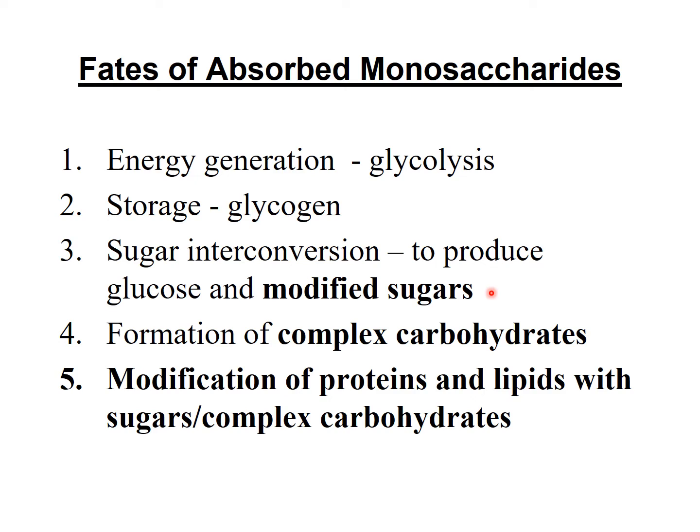If you remember, you learned about uronic acid, which is an acid derivative of glucose. Now, we will talk about formation of more complex carbohydrates, not just glycogen, which is a polymer. And I will also talk about how the covalent modification of proteins with carbohydrates occurs.